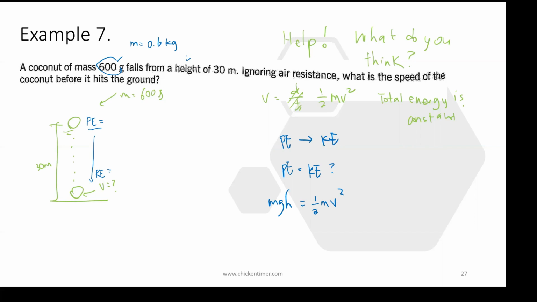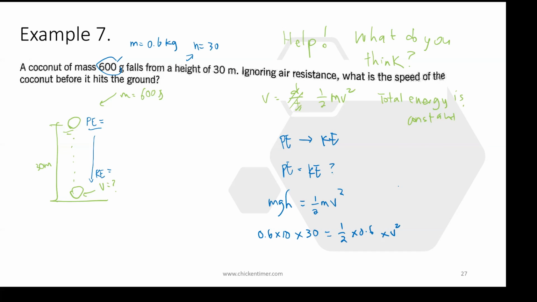Then 0.6 times g, which is 10, times h, which is 30, equals to half times 0.6 times v squared.